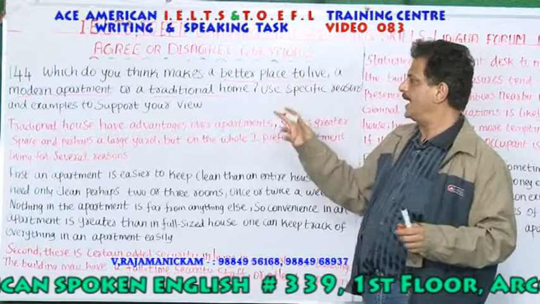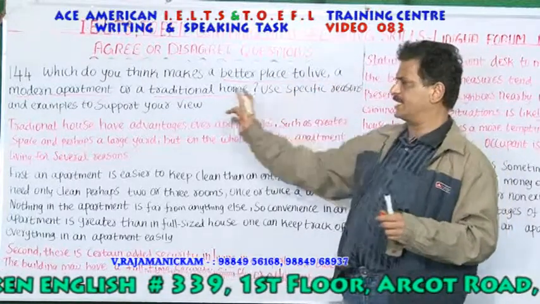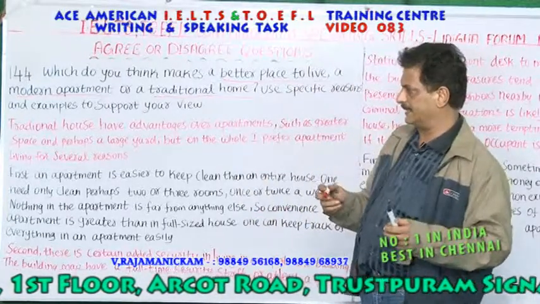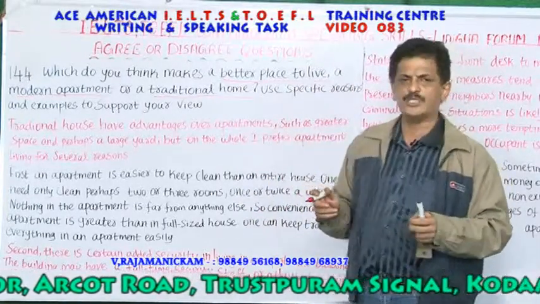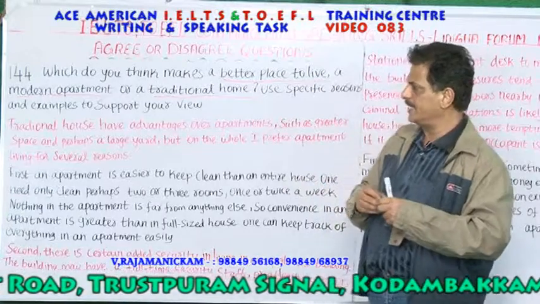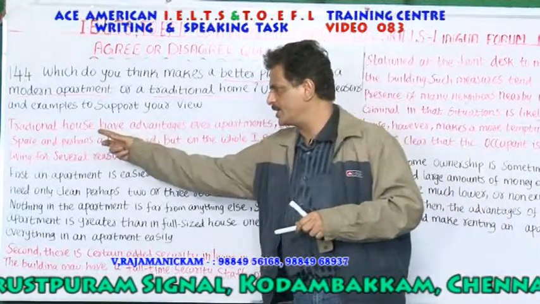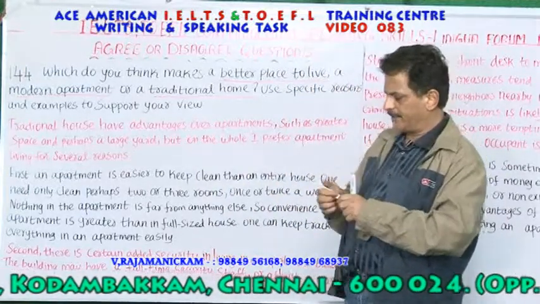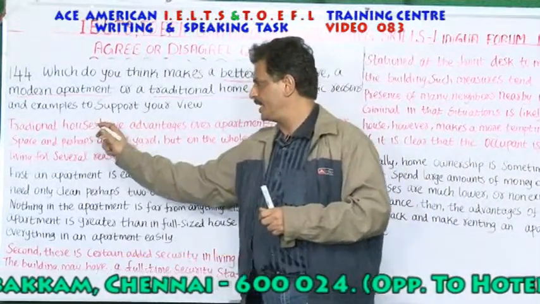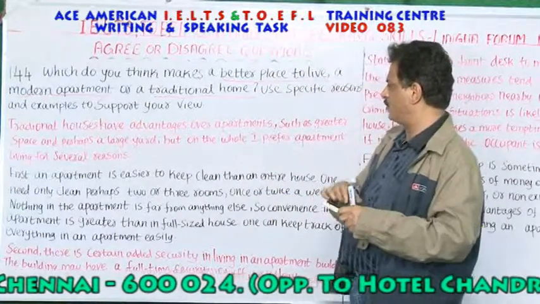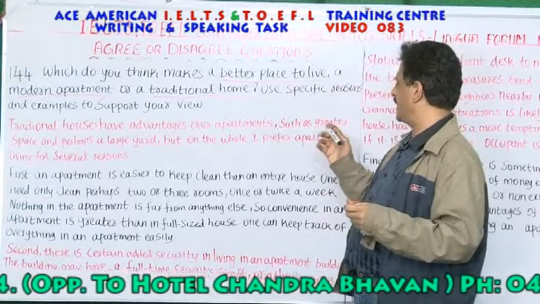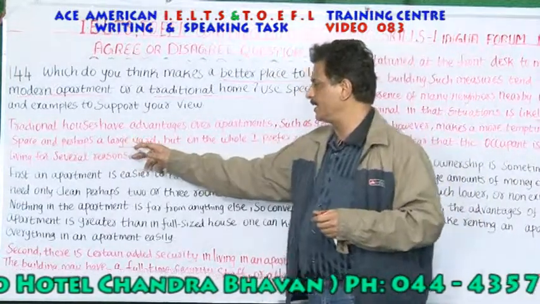Either you have to choose one, and you have to use specific reasons and examples to support your view. So what has this writer selected, is he going for a traditional house or for apartment living? Here he starts with traditional houses. Traditional houses have advantages over apartments, such as greater space and perhaps a large yard, a large empty space.